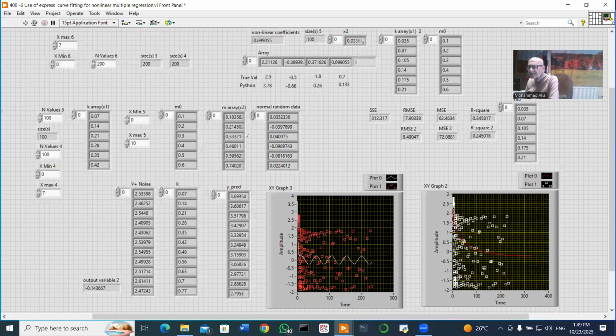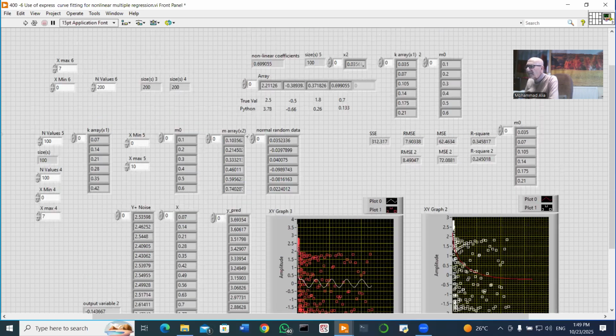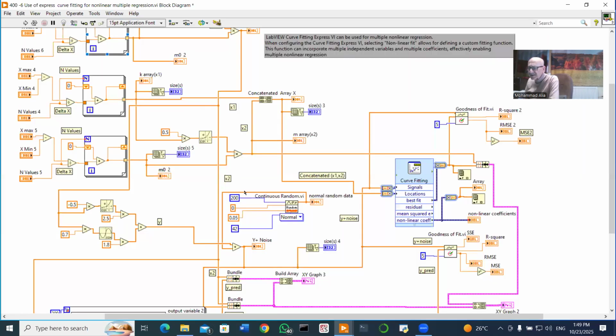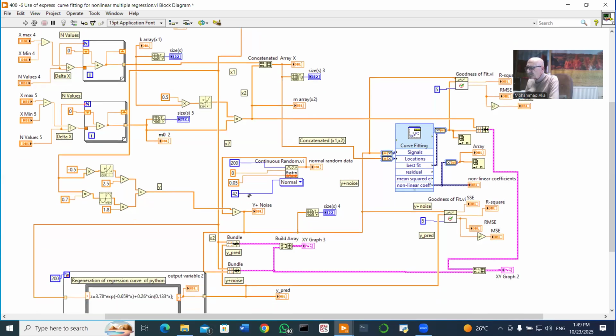I think that this discussion has given you detailed information on how to design and how to work with LabVIEW using the curve fitting of nonlinear multivariable functions, either by using the express curve fitting or by using the curve fitting with formula.